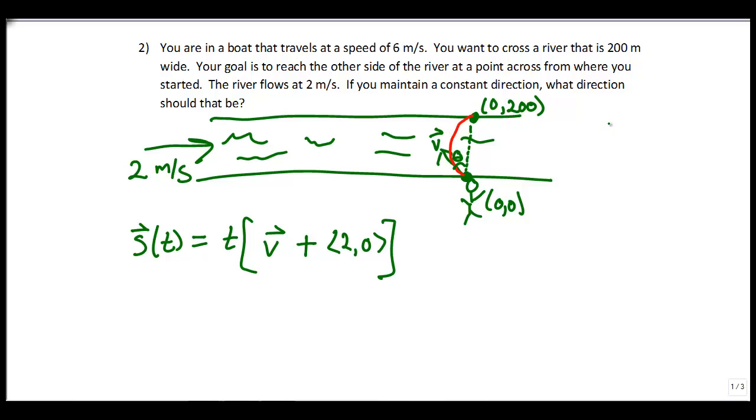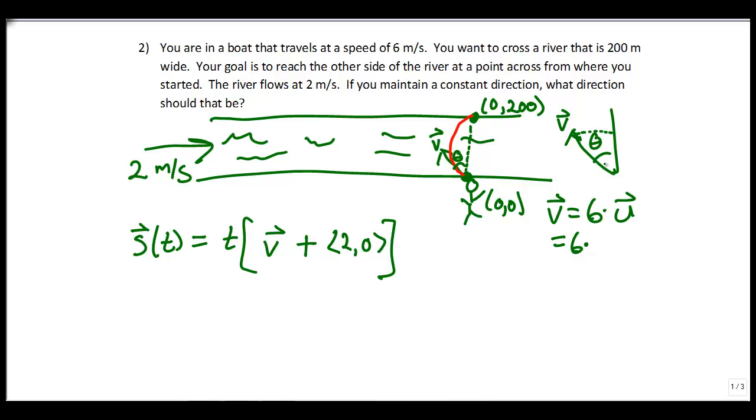So with v, got this set up here. This is theta. There's v. And we want this to be a vector of magnitude 6 because our speed is 6. So let's find a unit vector in the direction of v. So v is going to be 6 times some unit vector in that direction. Now I have to think about which one's the cosine, which one's the sine.